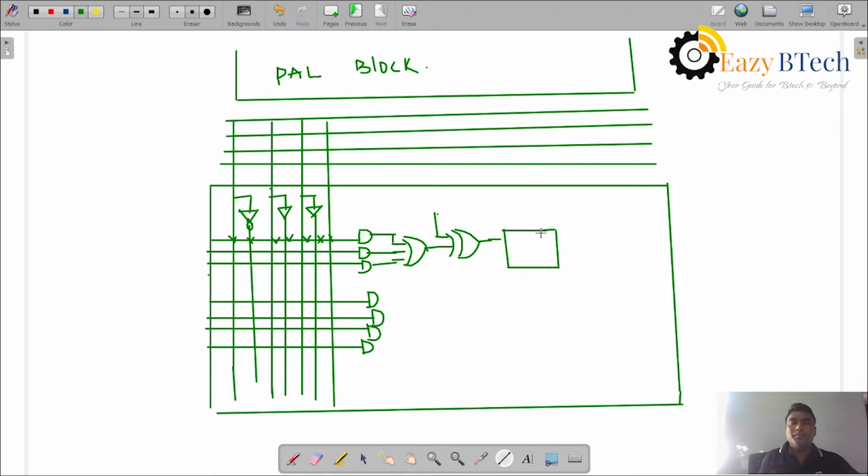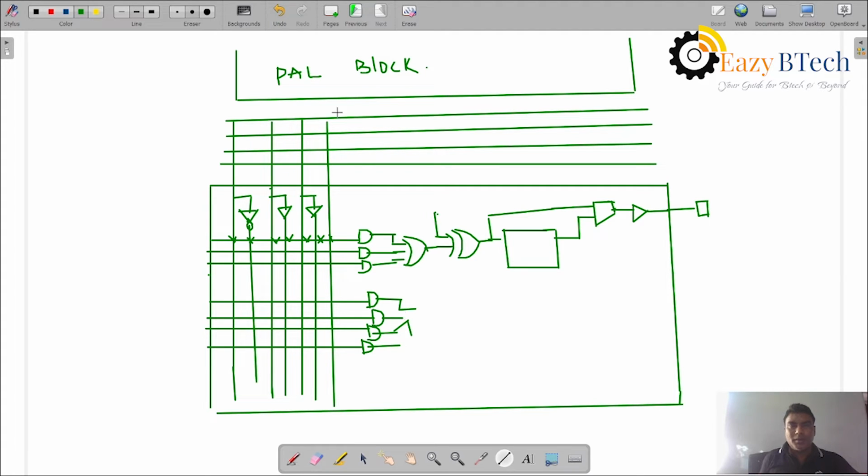Then a multiplexer is connected over here, and the multiplexer output goes to a buffer. From here it can be connected directly to the output IO pad, the output connections.